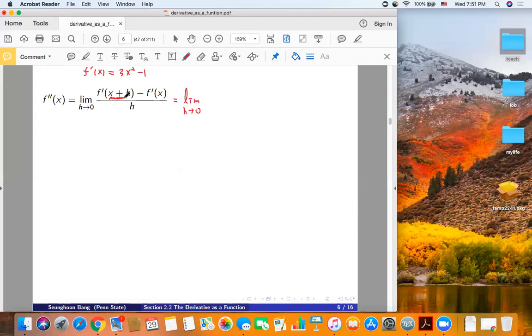You plug x plus h into f prime of x: 3 times x plus h squared minus 1, minus f prime of x, which is 3x squared minus 1, over h.